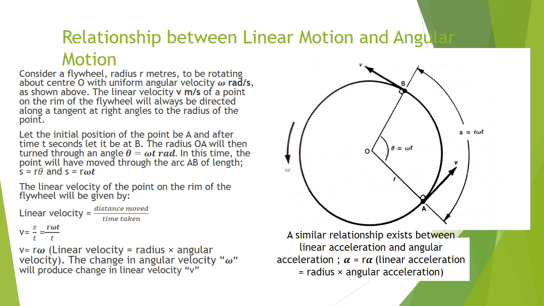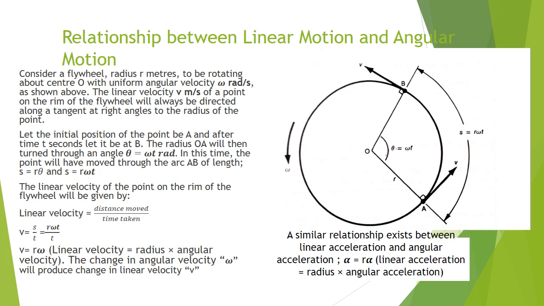So the change in angular velocity omega will produce a change in linear velocity. So that equation v is equal to r times omega simply means that the change in angular velocity, which we are calling omega, will produce a change in linear velocity v.